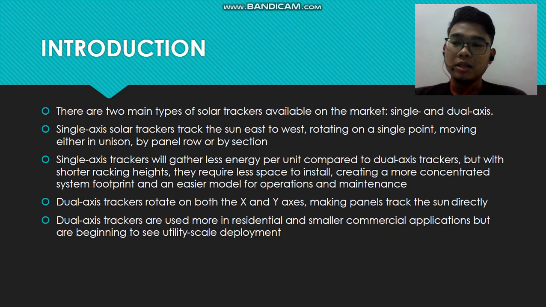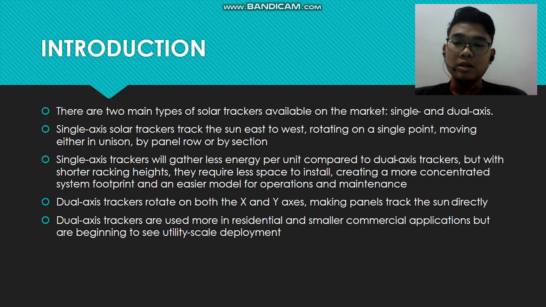Furthermore, a single axis tracker will gather less energy per unit compared to a dual axis tracker, but with a shorter racking height. They require less space to install, creating a more concentrated system footprint and an easier model for operations and maintenance.